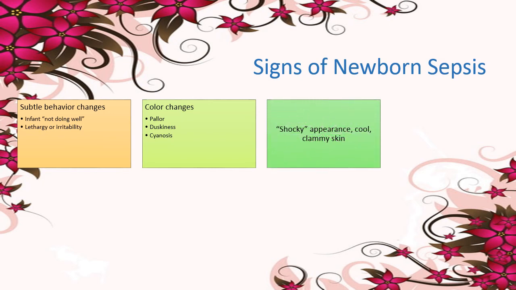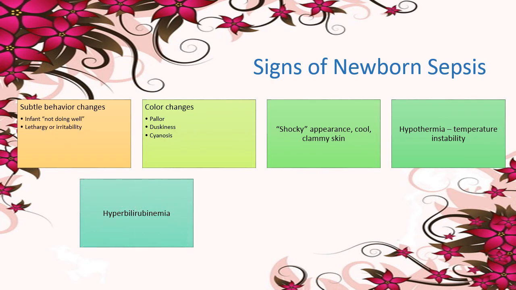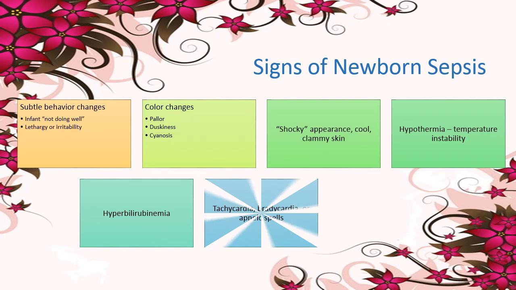The infant may have a shocky appearance. They could have cool, clammy skin. They may be experiencing hypothermia or temperature instability. They may have signs and symptoms of hyperbilirubinemia. They may be experiencing tachycardia, bradycardia, or have apneic spells.